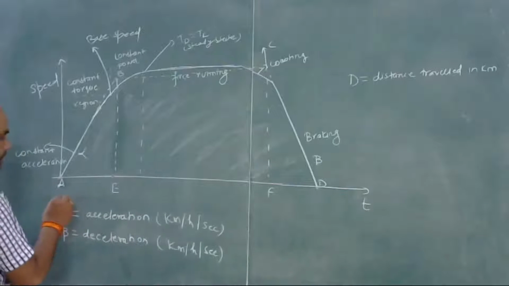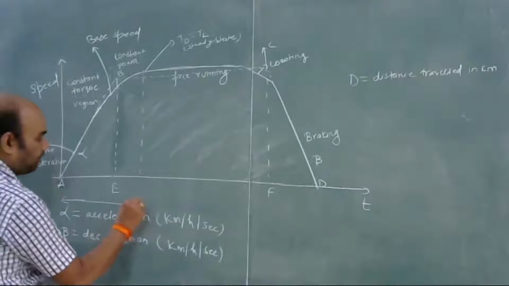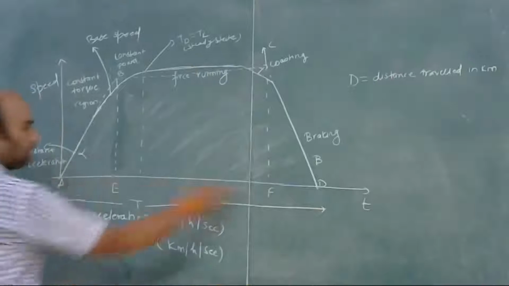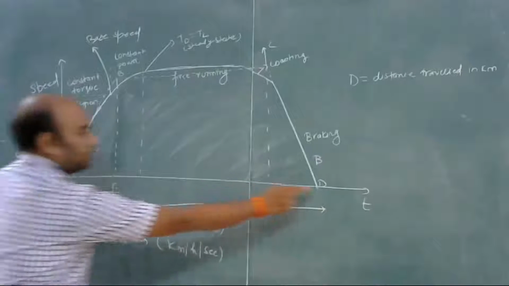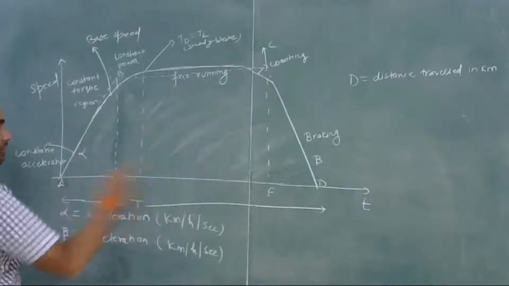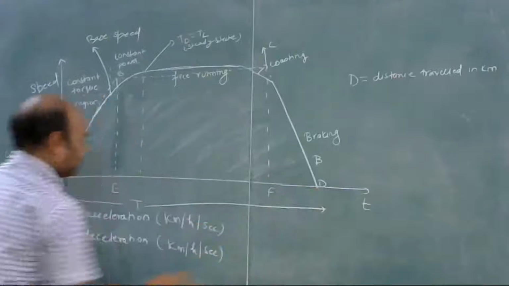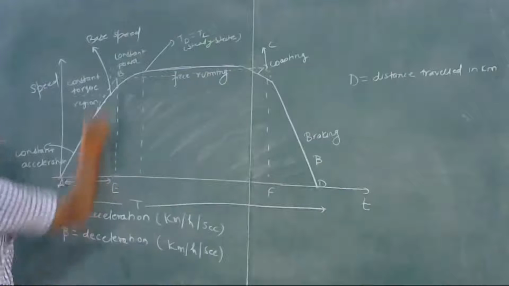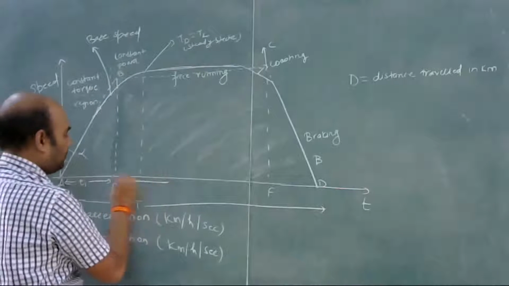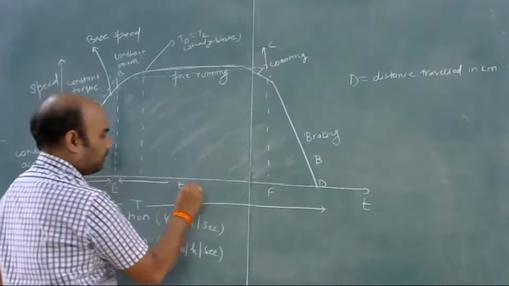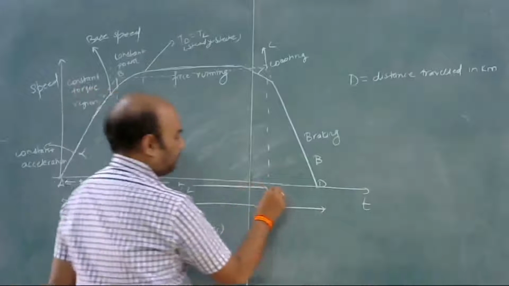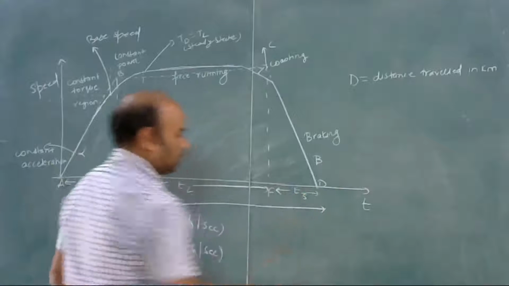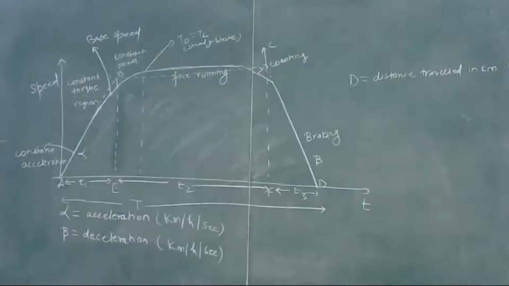Okay, so let us divide this. So let's suppose this is the total time taken to travel from A to B, from one station to another station. And let's suppose this time period is T1. So this is for acceleration, and this is T2 for free running, and T3 for braking.